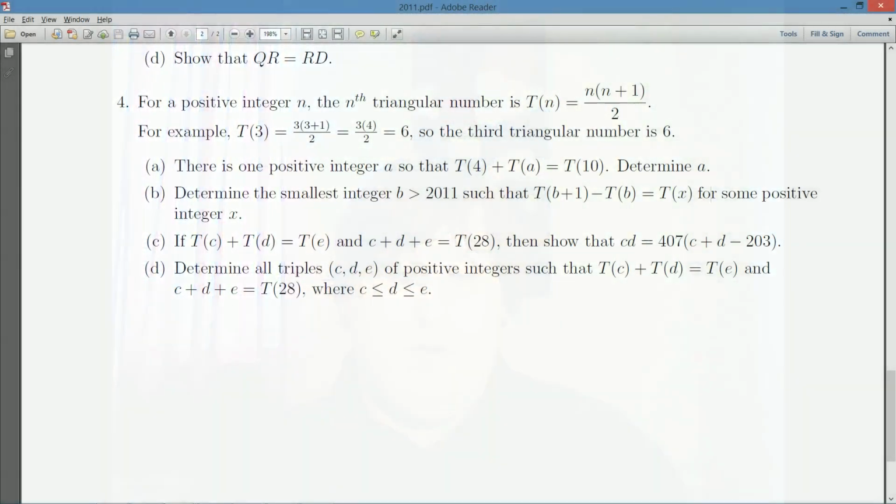On a real contest, you'd have to judge, do I have enough time to do this or not? So I want 2016 times 2017, all divided by 2. That's t of 2016. And now we want minus 2015 times 2016 divided by 2. And what do you know? I get 2016, which again was t of 63. So it looks like we have the right answer.